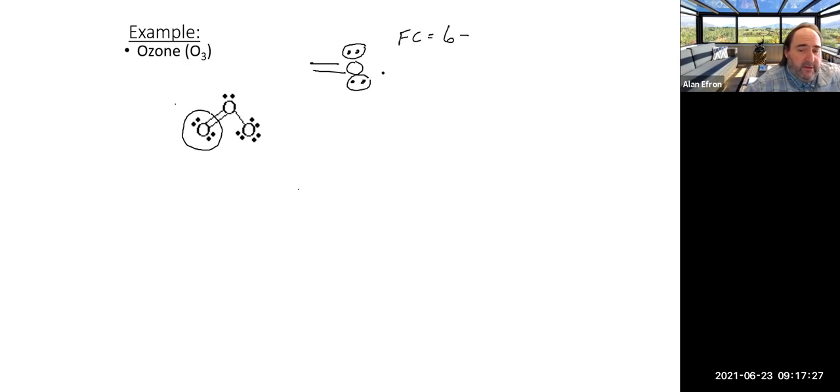That's a grand total of 4, minus 1/2 the number of bonding electrons. Remember that each of these lines represents 2 electrons, so that gives us a total of bonding electrons here of 4.